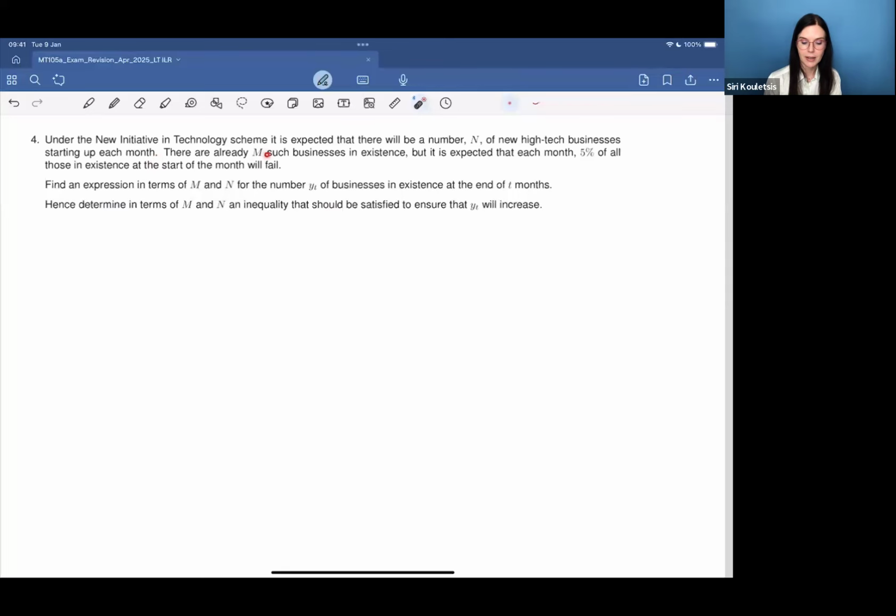Now, there are already capital M such businesses in existence, but it is expected that each month, 5% of all those in existence at the start of the month will fail. Find an expression in terms of M and N for the number YT of businesses in existence at the end of T months, and hence determine in terms of M and N an inequality that should be satisfied to ensure that YT will increase.